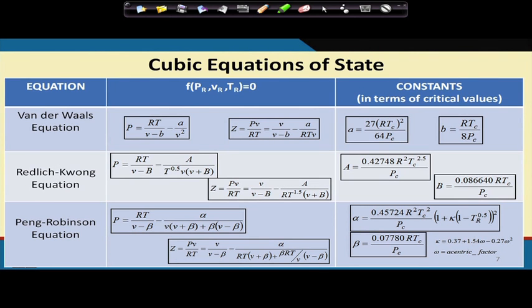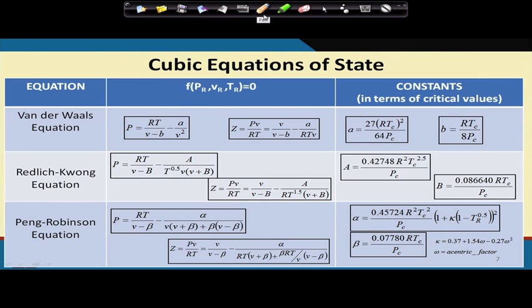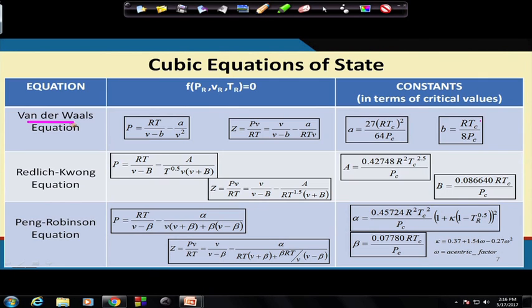For your purpose, be comfortable primarily with the van der Waals equation, whose functional form is already known to you, and then there are two other equations which we will be using for conditions where the van der Waals equation fails.